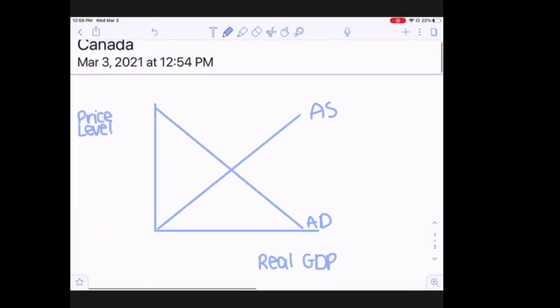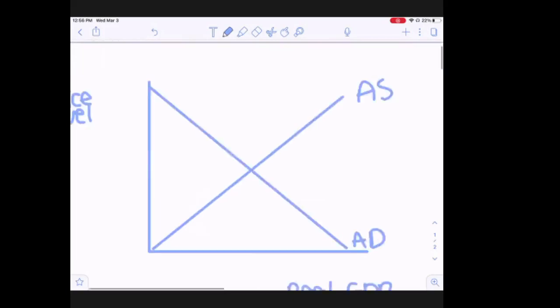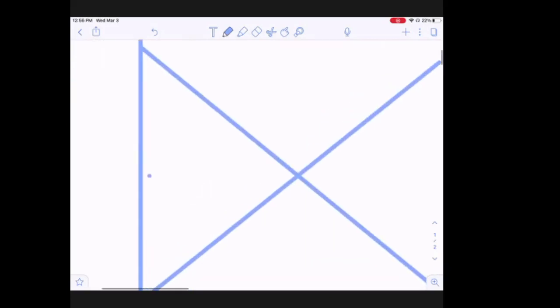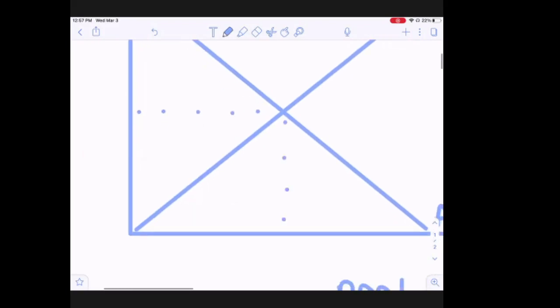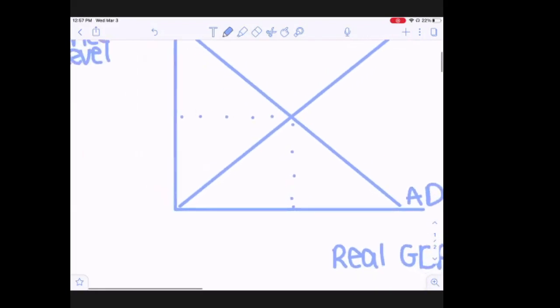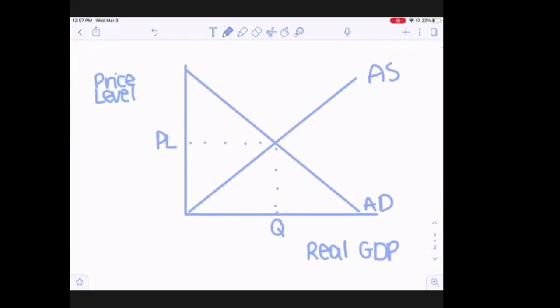All right, and then we'll dot from equilibrium, so we'll know what our current output is. Right, we'll go down. So I would label the output as Q for equilibrium, PL for the price level. All right, we should all make sure that's the minimum we draw anytime it asks for a graph.